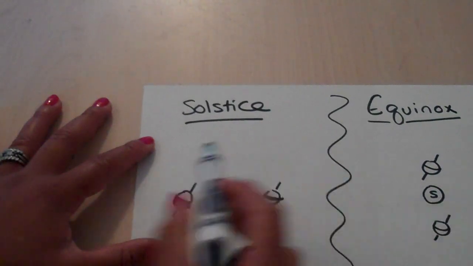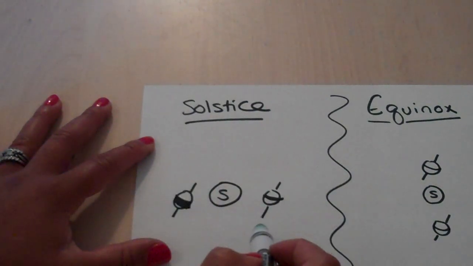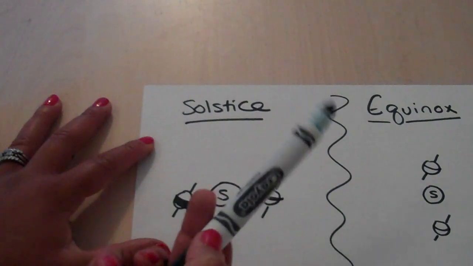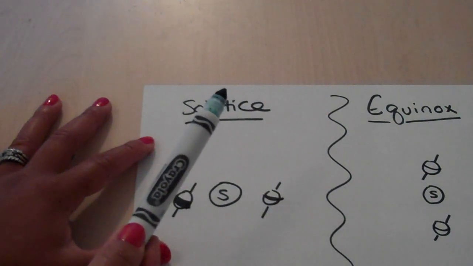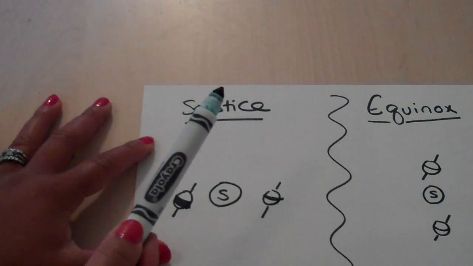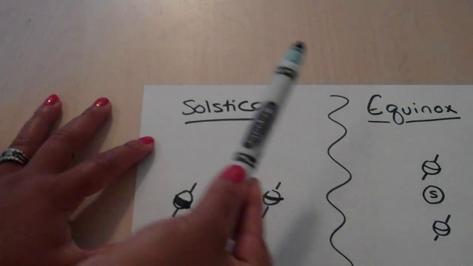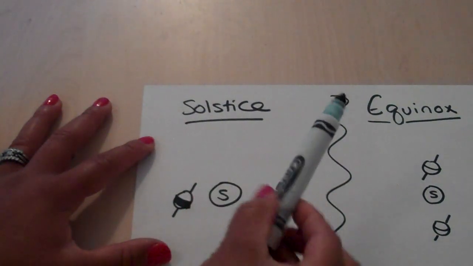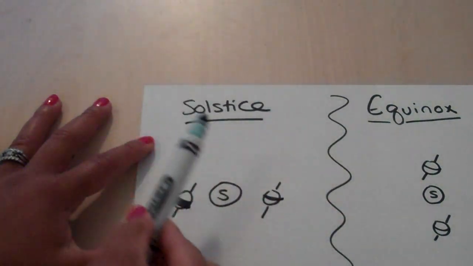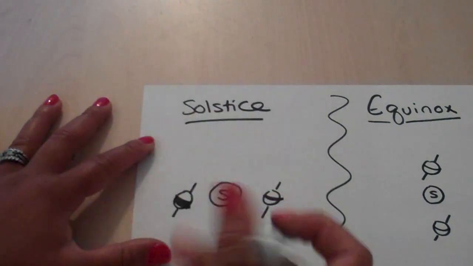Notice the tilt is going in the exact same direction, because the Earth's tilt, and this is the reason for the seasons, is always 23.5 degrees toward the North Star as it goes around the sun. Because of that tilt, it creates uneven heating of the Earth.